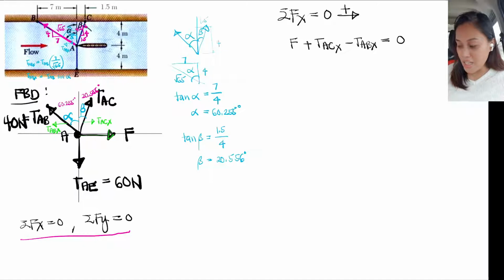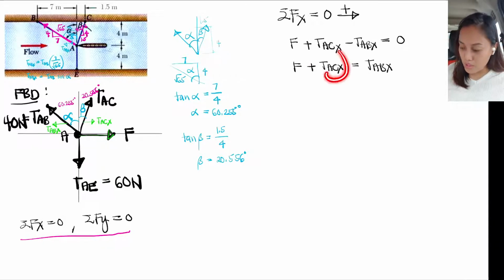We rearrange it so the known values go to the other side. So we move it over: force F, the unknown value, plus TACX equals TABX. The negative moves to the other side as positive TABX.